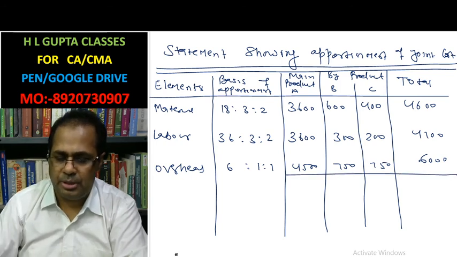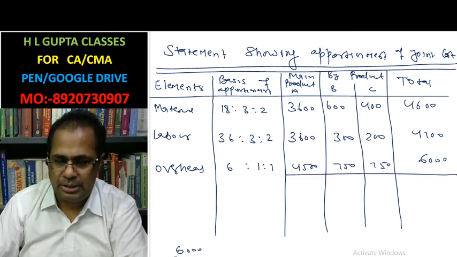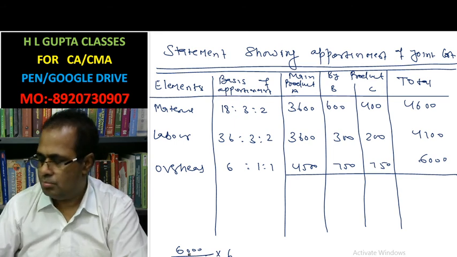How is it distributed? 6000 divided by 6 plus 1 plus 1, into 6.